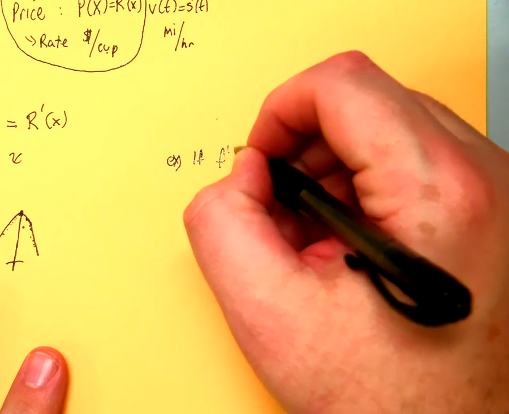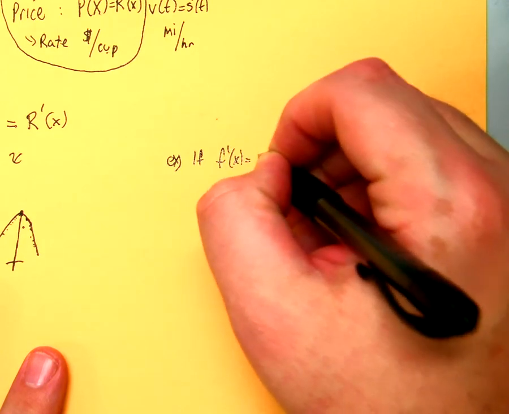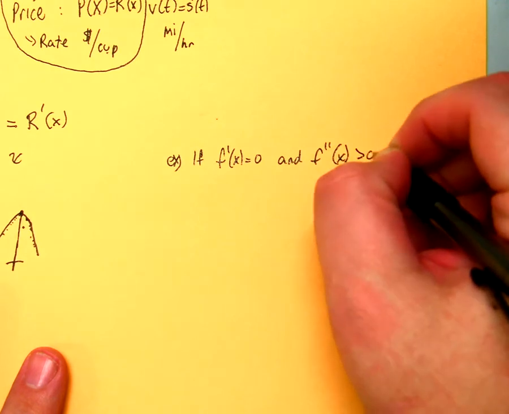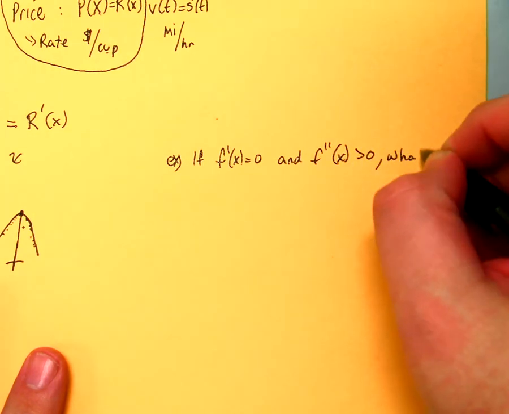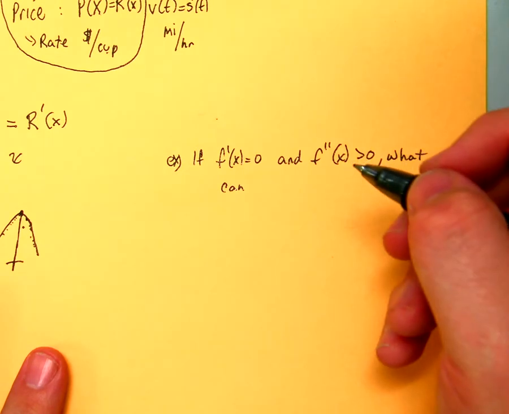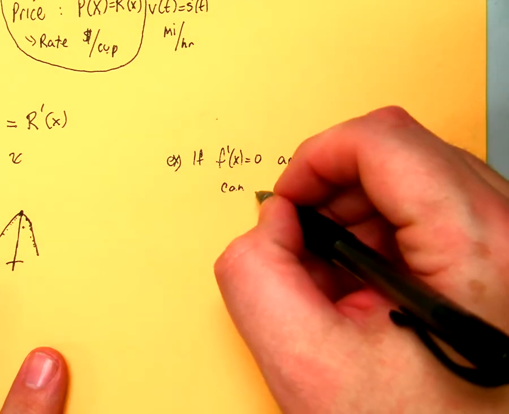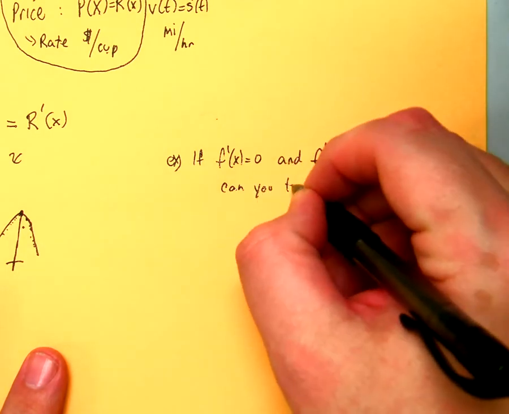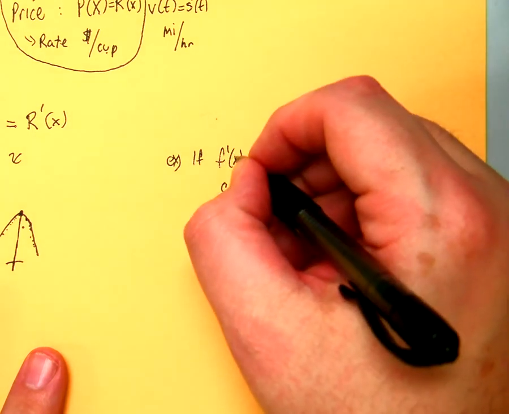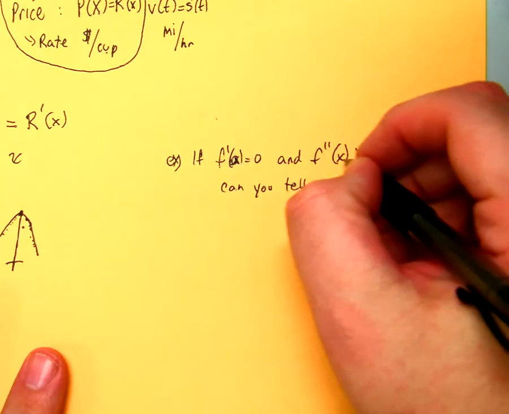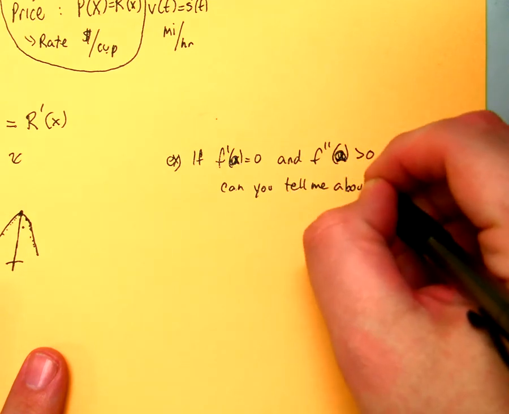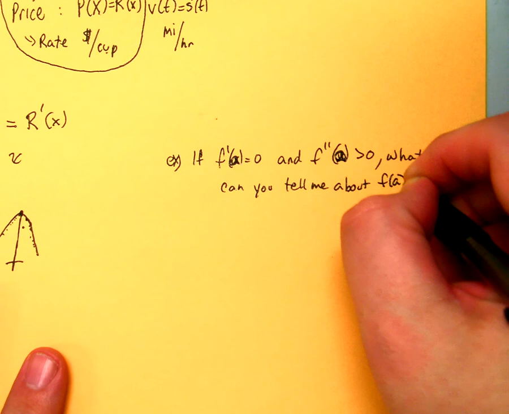If f prime of a is equal to 0 and f double prime of a is greater than 0, what can you tell me about f of a?